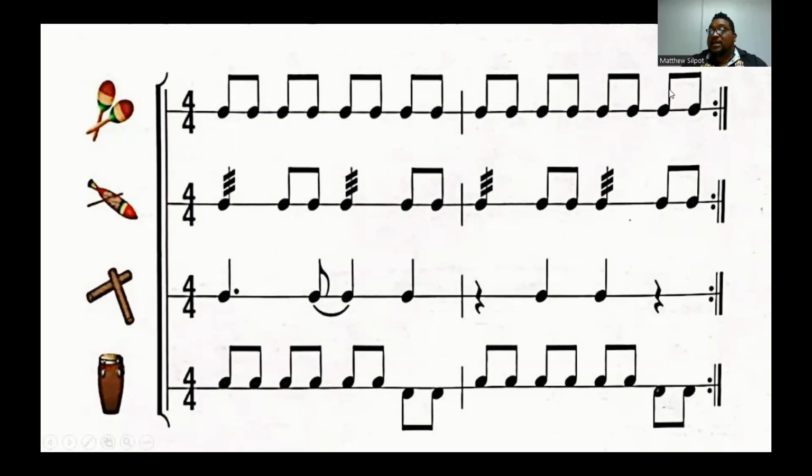We have our 4/4 signature, and we have 2 measures and our bar line, but we have something new: a double bar line and 2 dots. This indicates that this repeats. So when we get to here, we go back to the beginning, and then we end the second time.